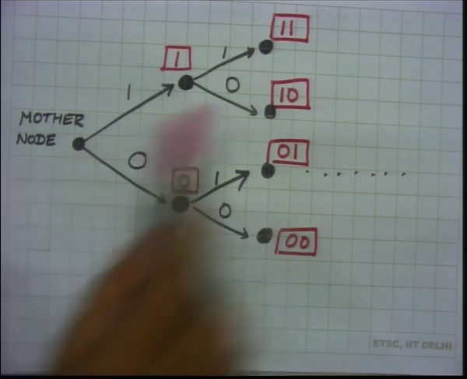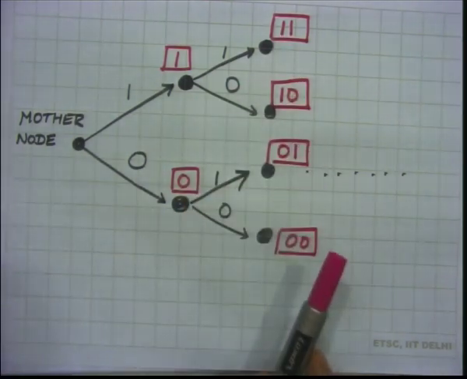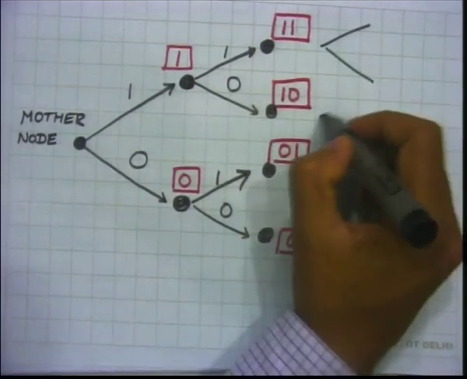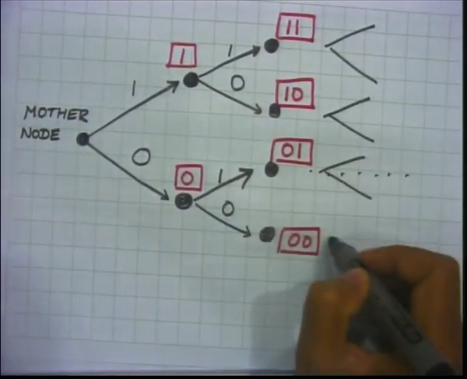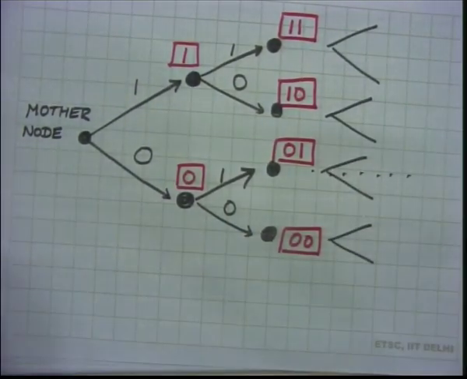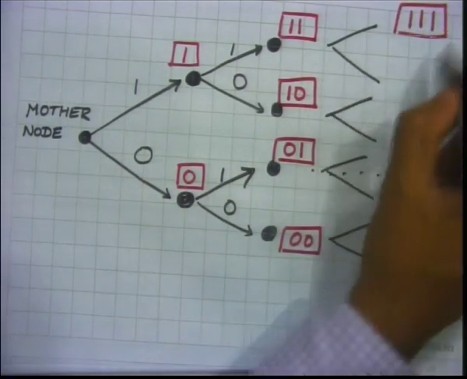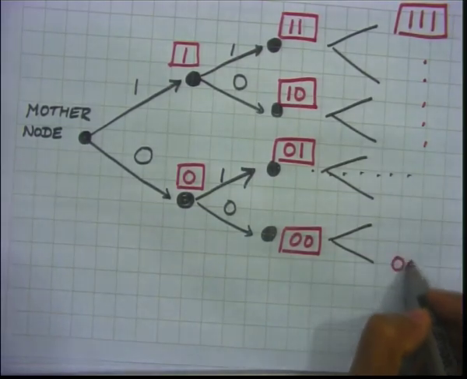So, what are these? These are our options. Options for what? Options for forming code words, because I can then go further down, from 1 1 1 going down up to 0 0 0.